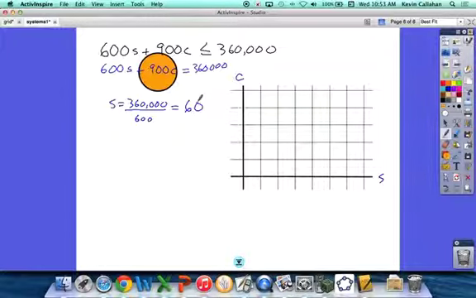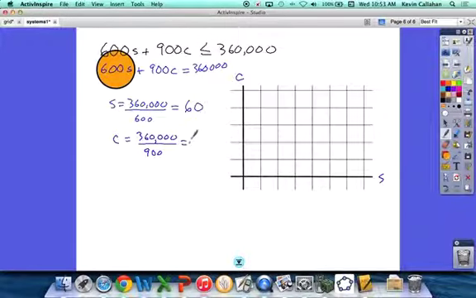Okay, to find the c-intercept, we're going to cover that up. And so the c-intercept is 360,000 divided by 900, which is 400.